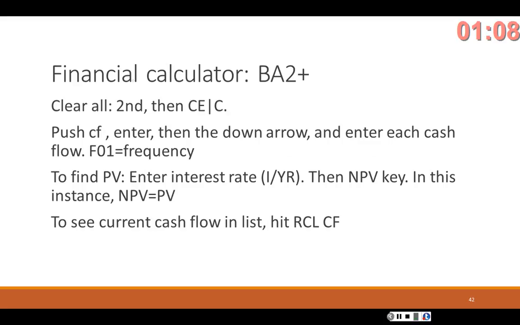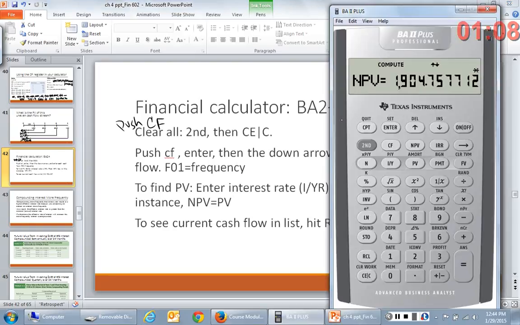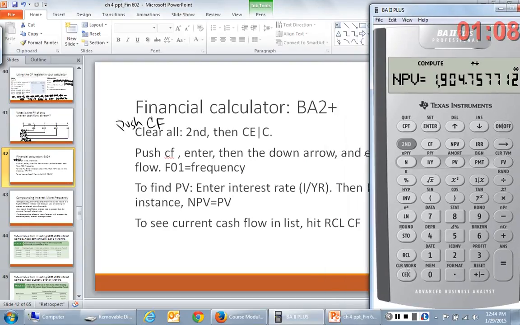First, if you want to clear out your cash flow register, you push CF, then second and clear work. And we input our cash flows. Our first cash flow at time period 0 was 0.